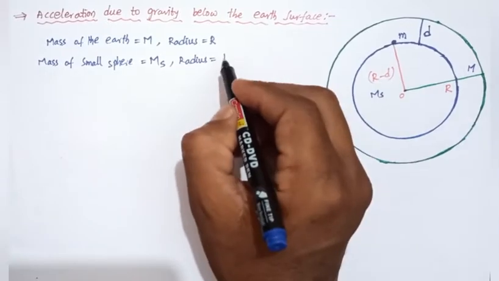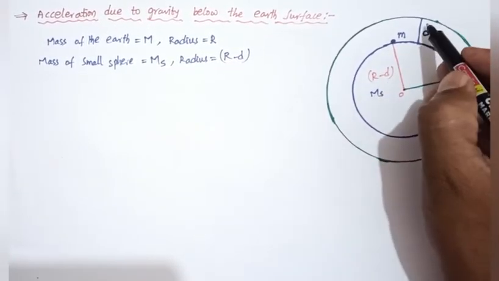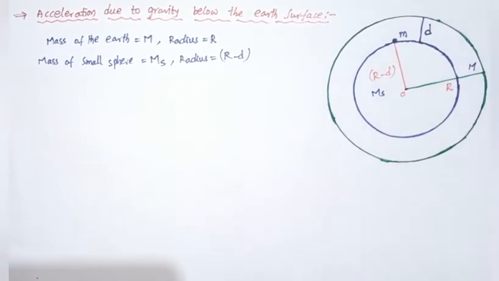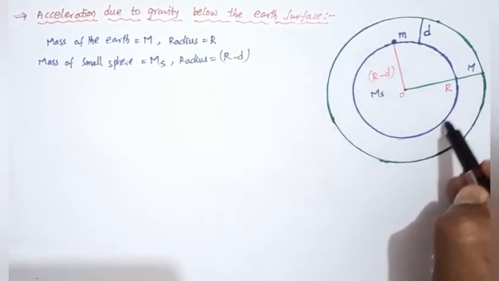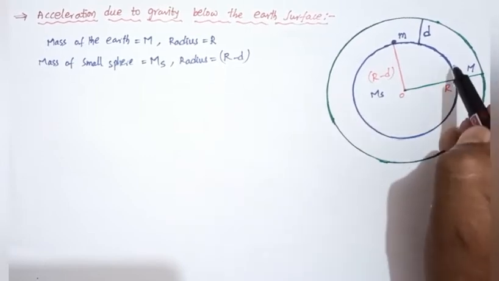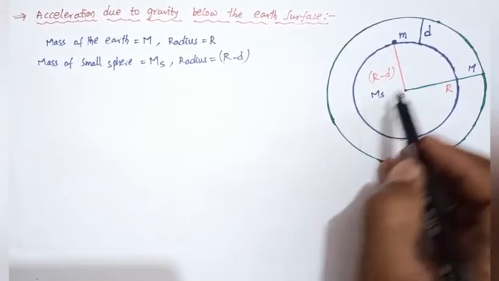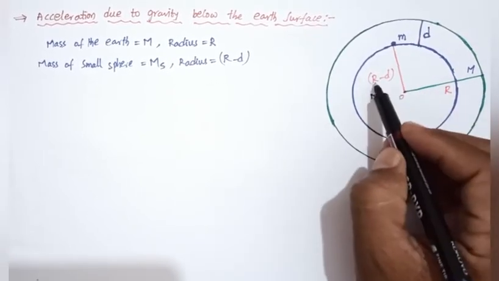The radius is R minus d, because below the earth surface the depth is taken as small d. We consider the small sphere inside the earth, so the remaining radius is R minus d.